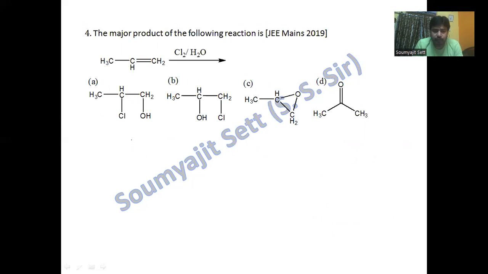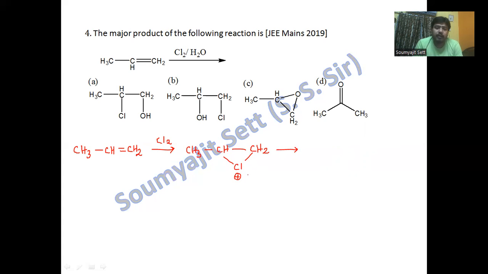See, it is also a very good question. This kind of question has been discussed in class 11 as well. When this unsymmetrical alkene is given, and at first chlorination is done, a cyclic chloronium ion will be formed at first.